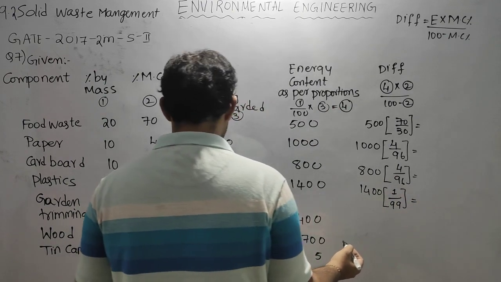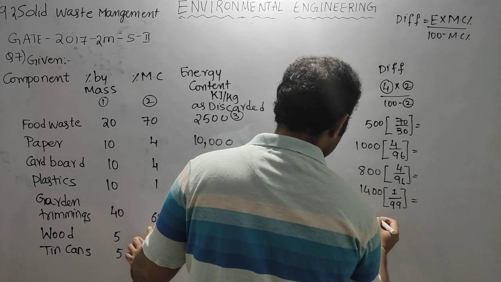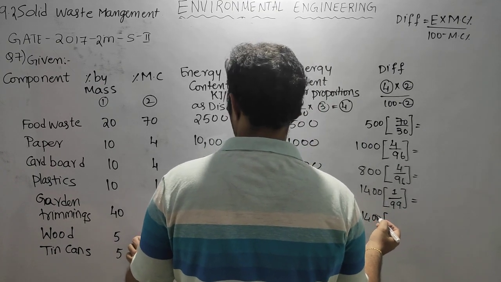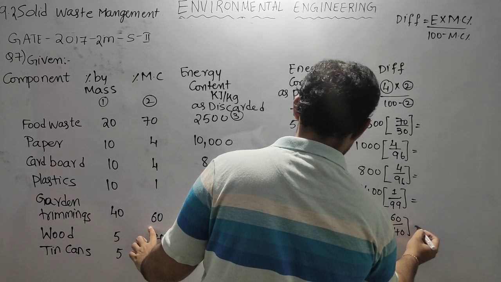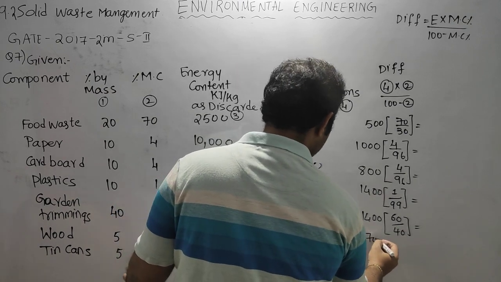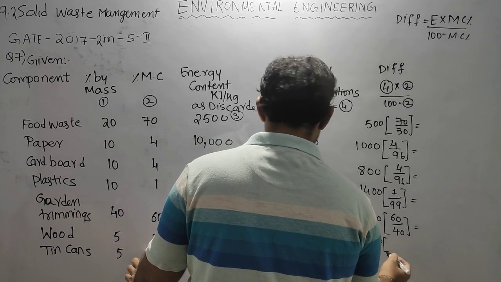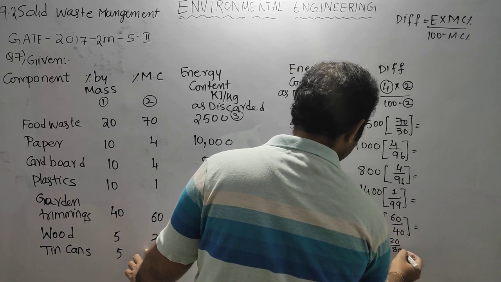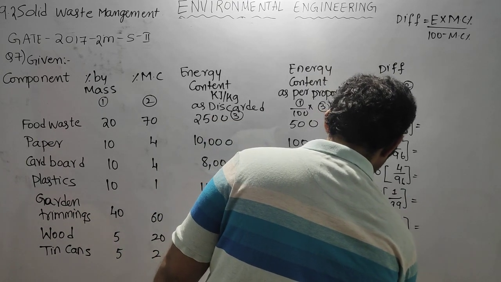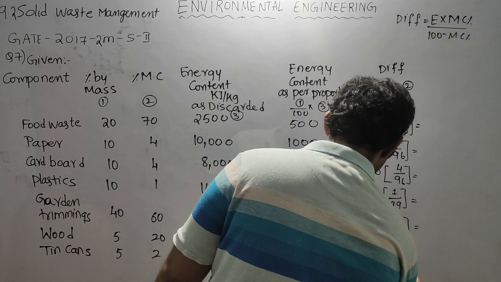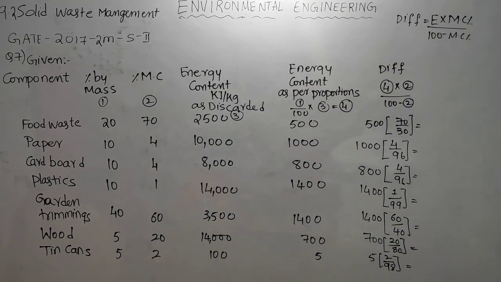This is the difference directly. That 1400 into 60 percent moisture, 60 by 40. 700 into 20 by 80. 5 into 2 by 98. So if you solve this, we will directly get the answer.